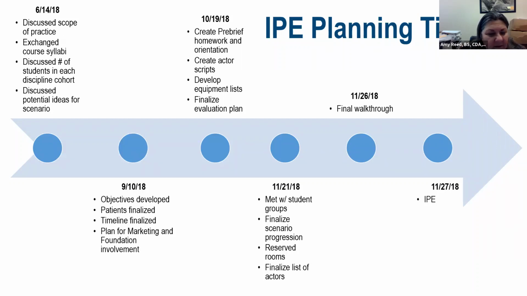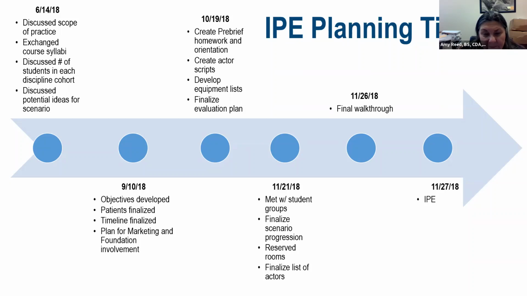Then we went on to meet with all the different student groups. We wanted our students to know that the people running it, namely Adrienne and Kim and myself, were all on the same page. So we met with every group of students together to model first behavior of interprofessional cooperation and let them know that things were going to be just fine.